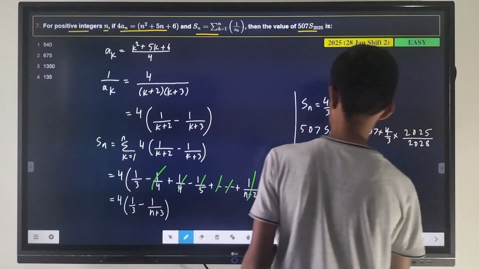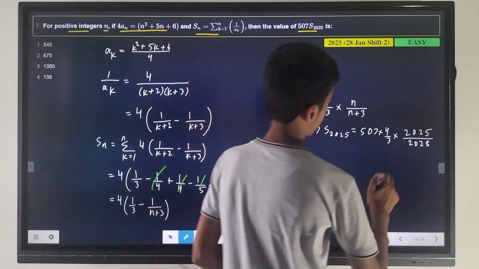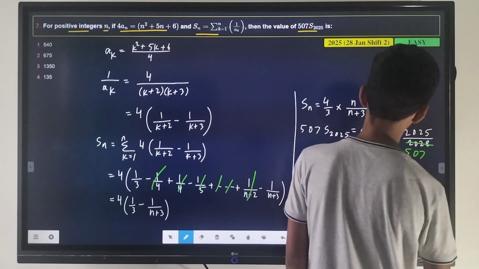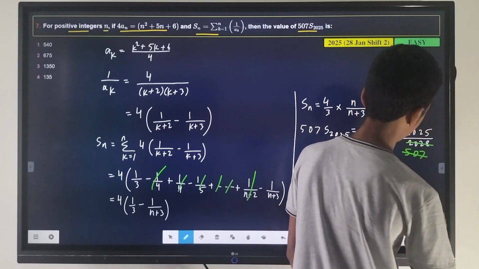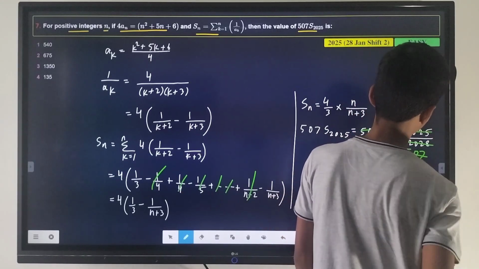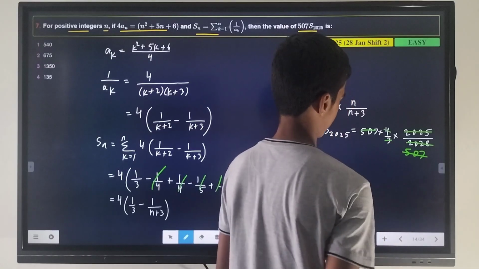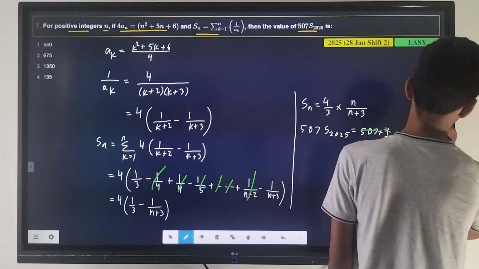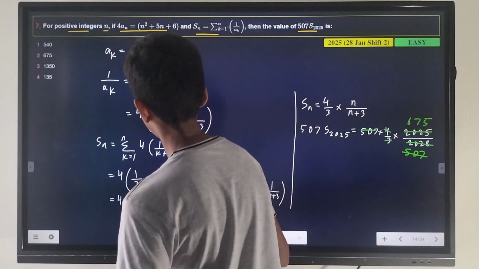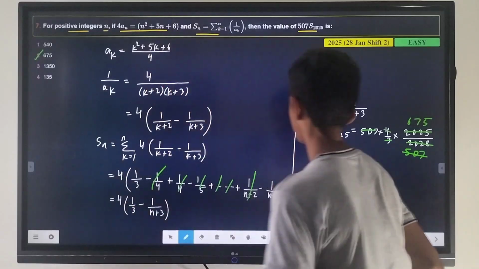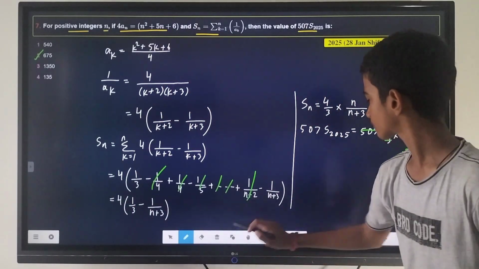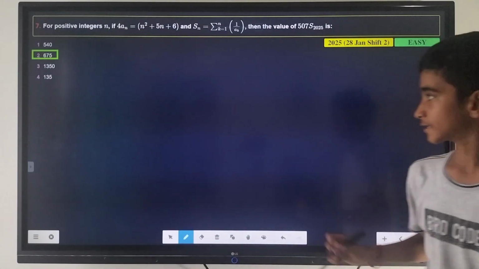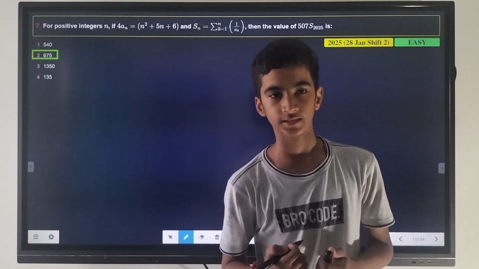So our 4 will cancel. 4 will cancel 2028 as 507. 507 and 507 will get cancelled. 3 will cancel 2025 as 675. So our answer is option 2. And here is our solution. We can see that our answer is correct.